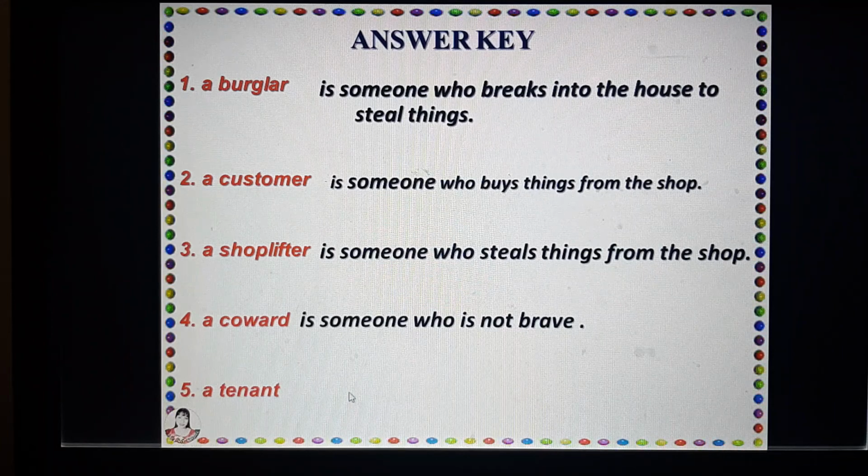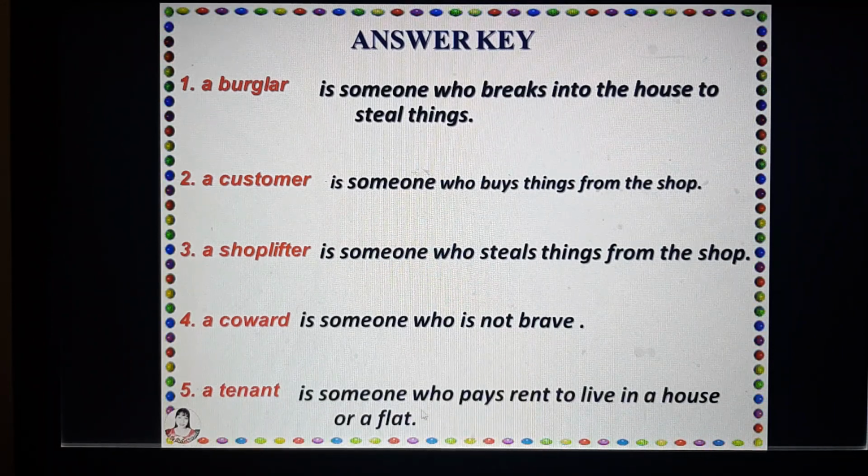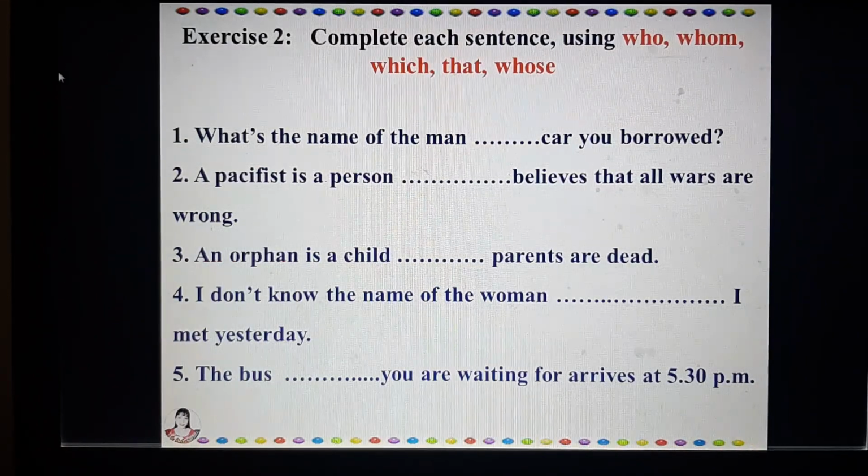A tenant is someone who pays rent to live in a house or a flat. Remember, write a capital letter and a full sentence with a full stop. Remember. Now exercise 2. Complete each sentence using who, whom, which, that, whose.